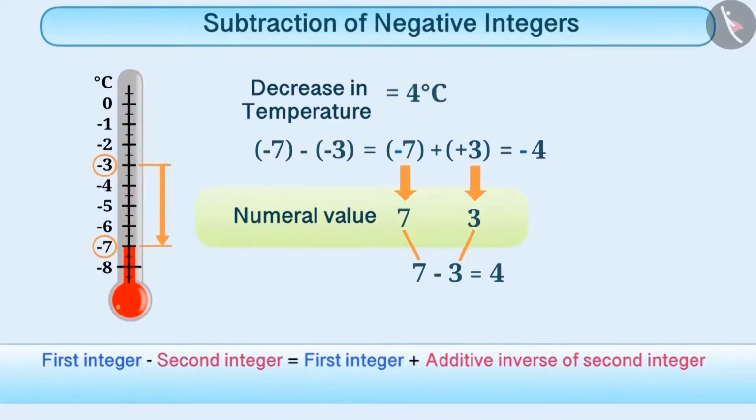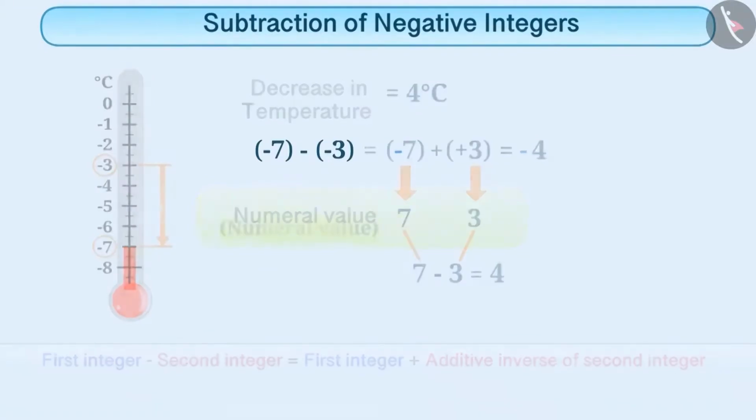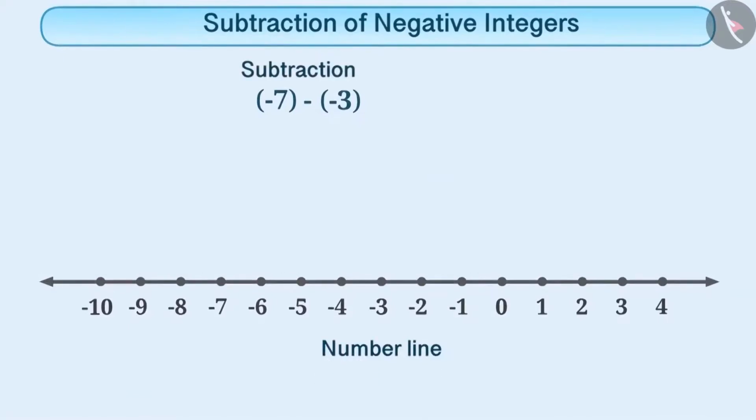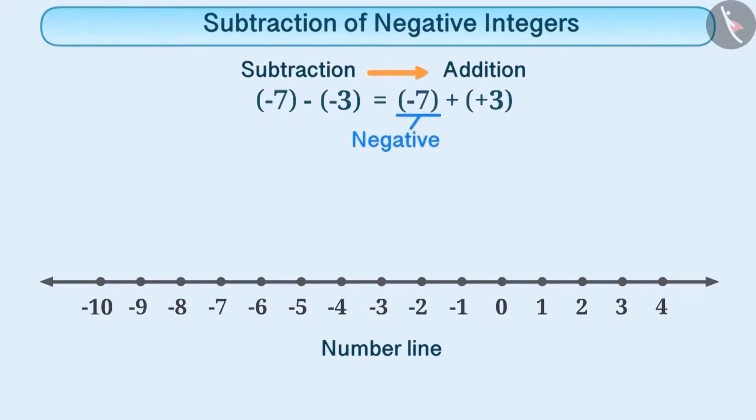We can also perform the subtraction of these numbers on the number line. Here also, we will convert the operation of subtraction into operation of addition. That means, in the place of -7 minus -3, we will write -7 plus +3. Now, the first number is -7.